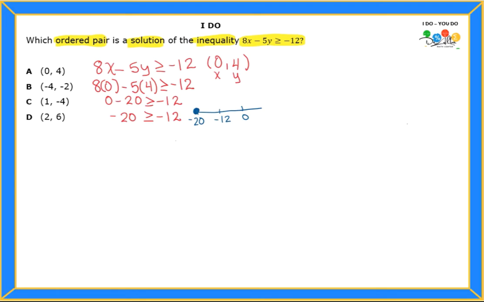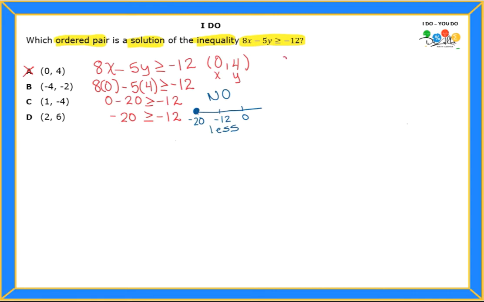And the answer is no, it's not. It's actually less than, right? Therefore, letter A cannot be my answer. Okay, so that's basically what it means by finding the solution. I want to find one point that when the ordered pair is replaced in the inequality, it makes the statement true. Let's move on to letter B.